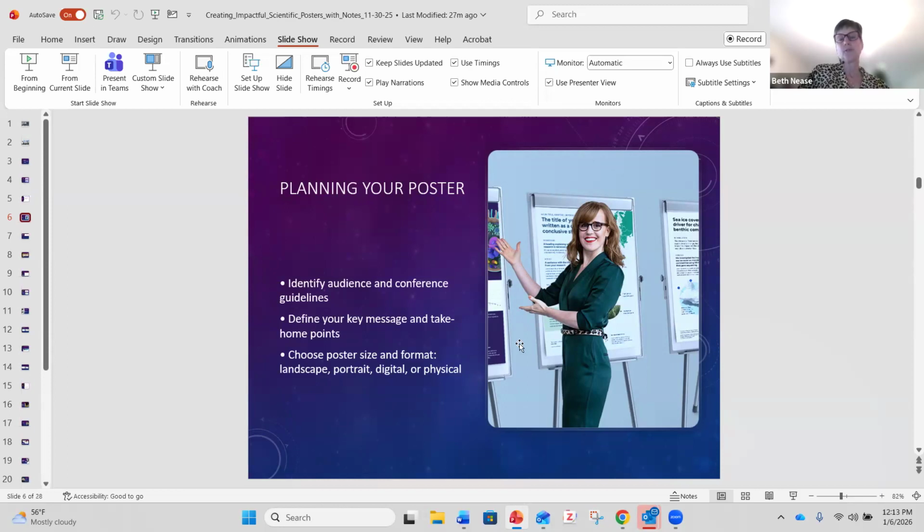A lot of times using the conference theme can be super helpful in engaging with your audience and really providing some flow for the week. And you want to choose your poster size and formatting, whether it's landscape or portrait, based on what you know about the conference and how the poster session will be set up.